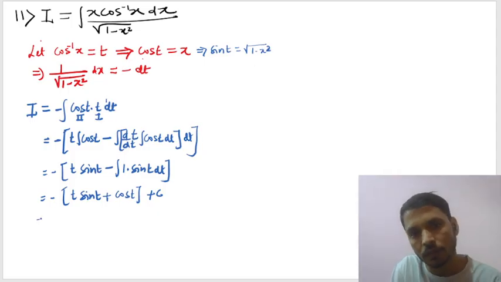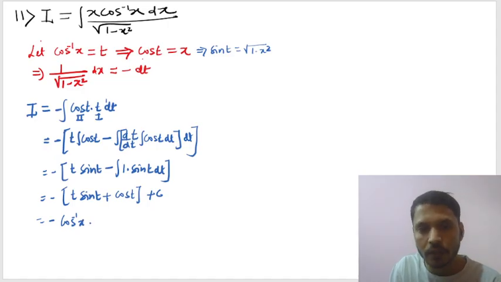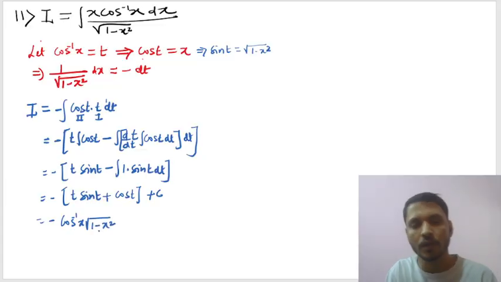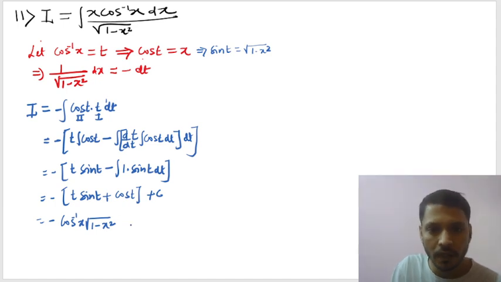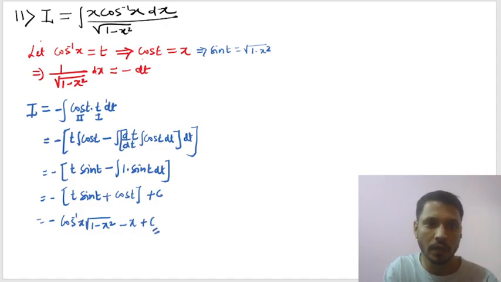So our final answer will be: minus sign here, and t means cos inverse x, so we write cos inverse x, and this is sin t. Sin t means under root of 1 minus x square. Here it will also become minus, so minus of cos t, which means x. So minus x, and then plus c. So this is the final answer.